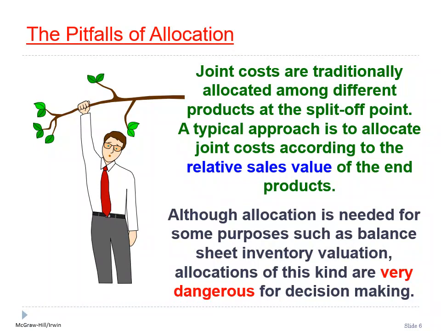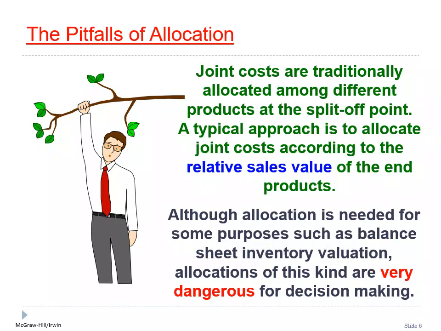A typical approach is to allocate joint cost according to the relative sales value of the end product. يبقى هنا هو بيوضح لي ان احنا بنخصص التكاليف المشتركة على المنتجات عند نقطة الانفصال اللي هي split of point. والمدخل المفضل to allocate the joint cost is to use relative sales value أو القيمة البيعية أو نسبة القيمة البيعية of the end products للمنتجات النهائية.